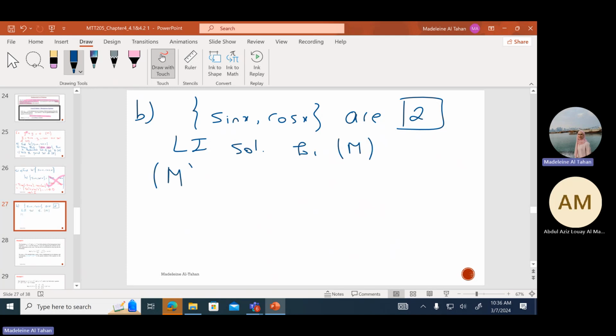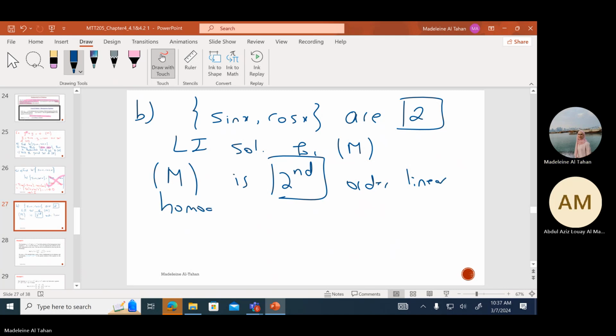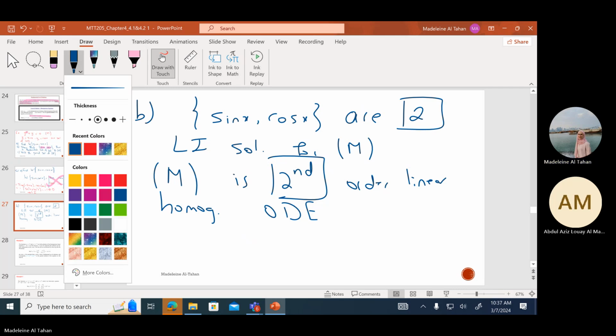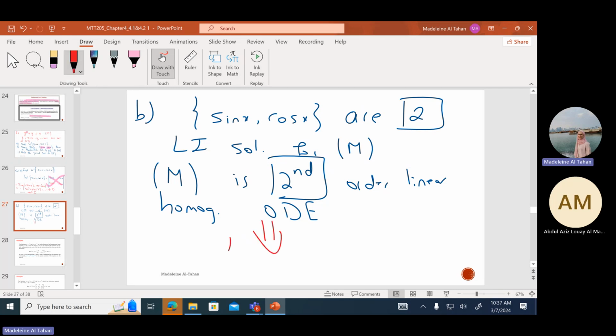It is a second order linear homogeneous ODE. What can we deduce from both? This implies that sin x and cos x form a fundamental set of solutions for it.